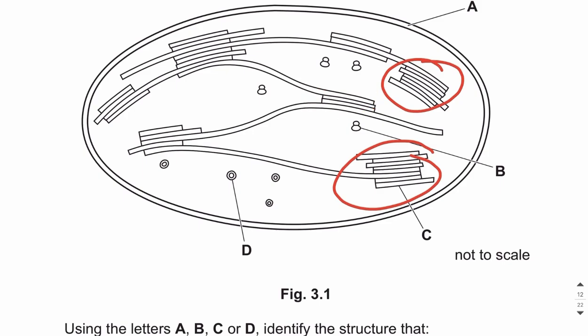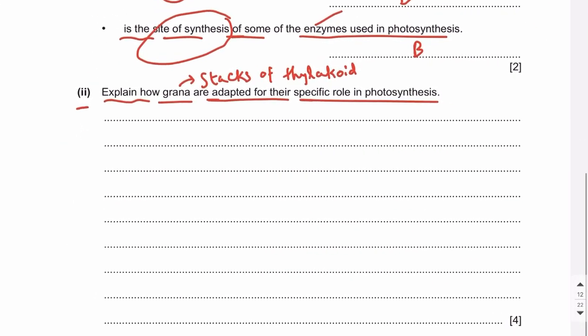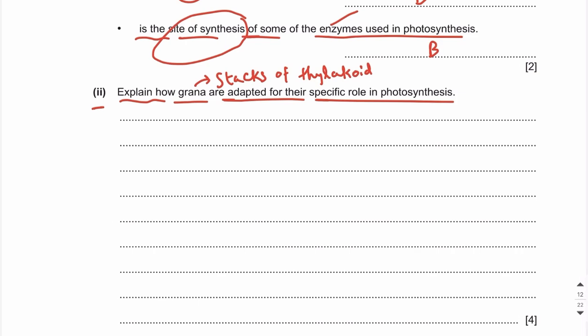So we need to explain how grana are adapted for their specific role in photosynthesis. You need to know that grana are involved in the light dependent stage of photosynthesis, right? Grana are basically involved in cyclic and non-cyclic photophosphorylation. They are also involved in photolysis, which occurs during non-cyclic photophosphorylation.